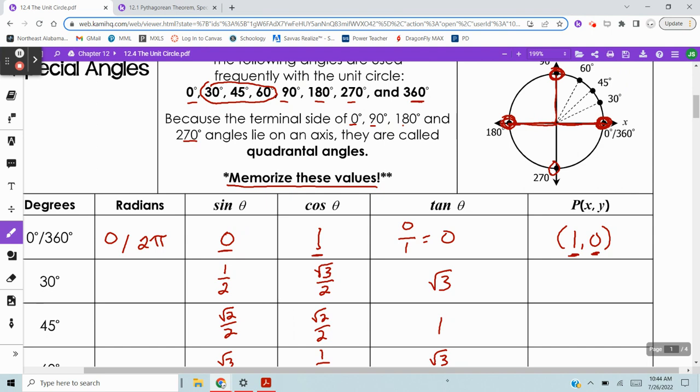So this point right here at 30 degrees, where 30 degrees crosses this unit circle, the x value at this point is going to be the same thing as the cosine value at that point. The y value is going to be the same thing as the sine value. So over here where it says xy, the x value is going to be √3 over 2. The y value is going to be 1/2 because that corresponds with the cosine and the sine value. So that's that actual point where it crosses.